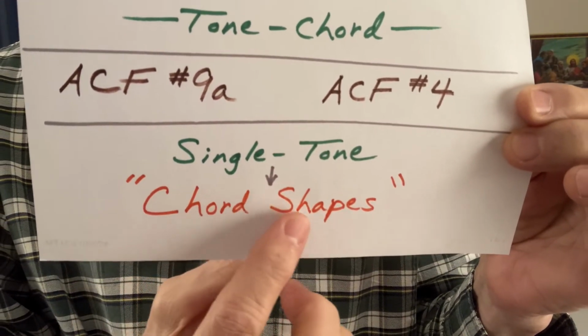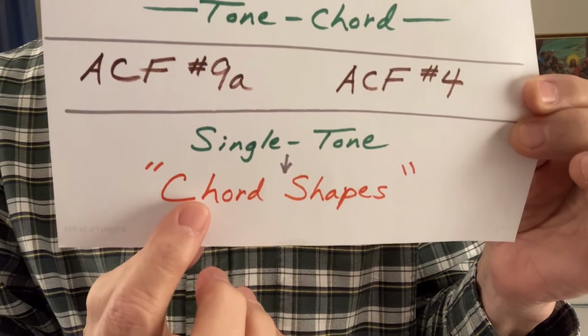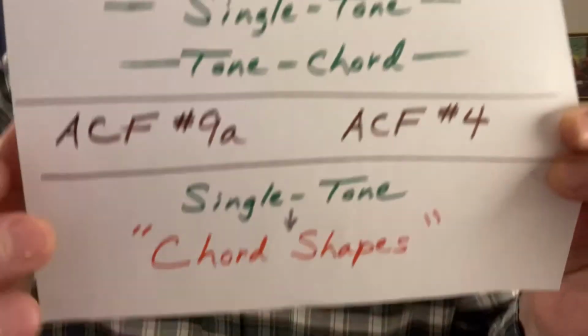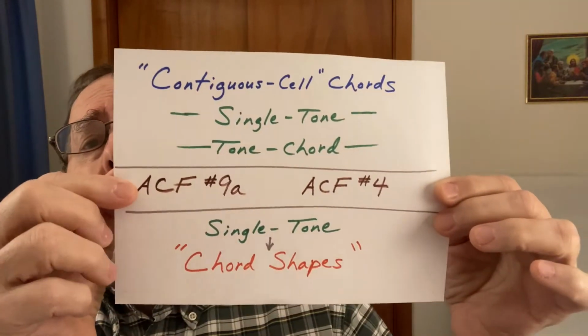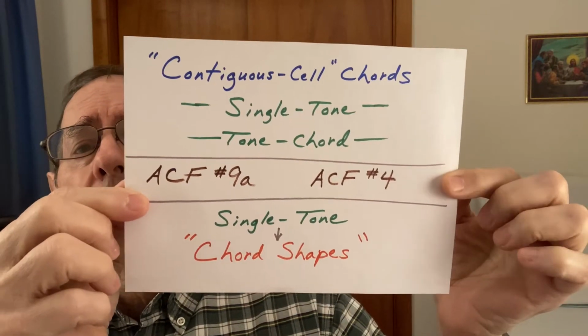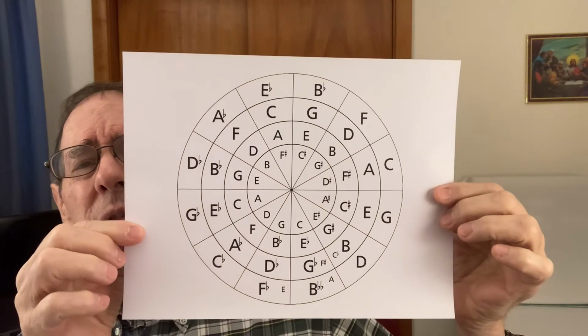In other words, they ultimately turn out to be a chord shape. I talked about it a little bit, but I didn't say too much, so I'd like to show you some things. You start out with your amplified circle of fifths, and like I said, I put that image under the community tab on my channel.